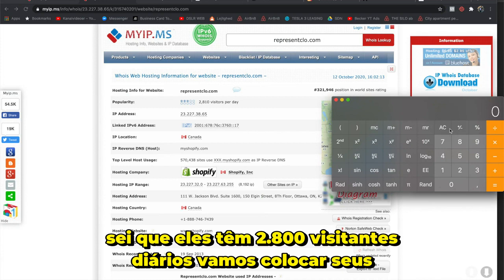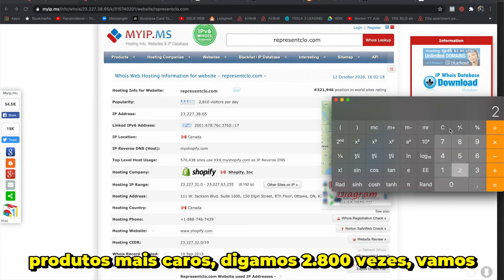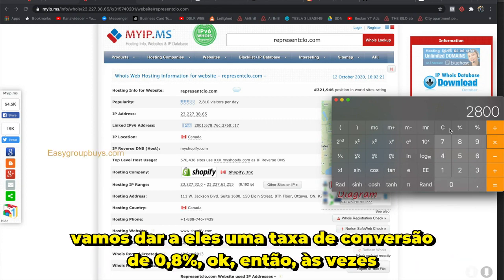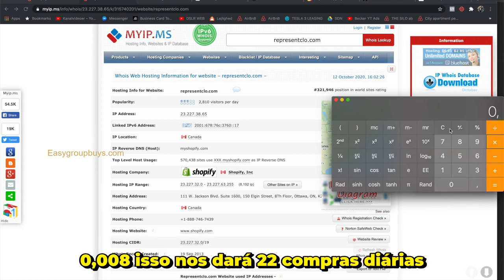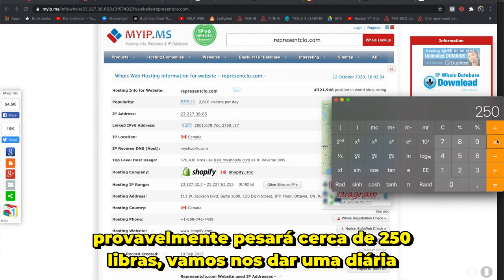Let's put their conversion rate a little bit low because they're selling more expensive products. So let's say 2,800 times 0.8% conversion rate, so times 0.008. That gives us 22 purchases on a daily basis, and then we multiply that by the average order value, which is probably going to be around 250 pounds.